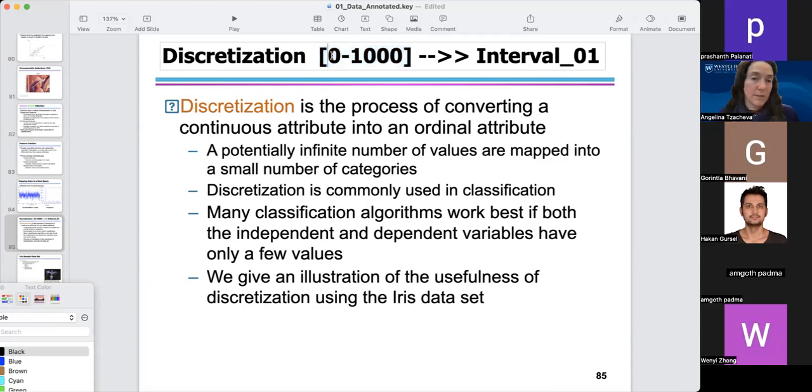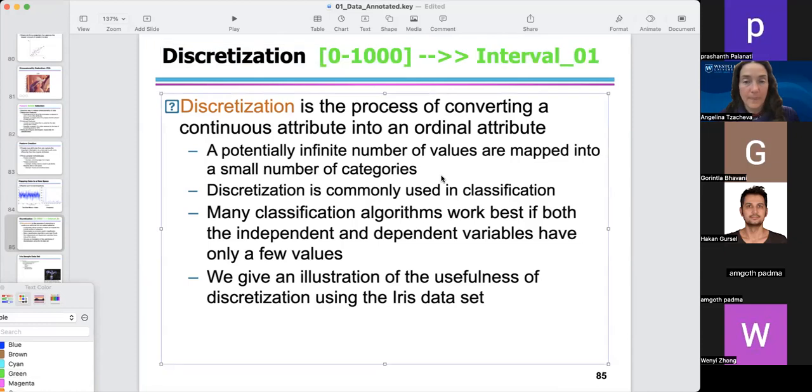Take objects that have values between 0 to 1,000, and instead of the value 0 to 1,000, record interval 1. Any customers that have a value for the attribute between 0 and 1,000 would be recorded as interval 1.